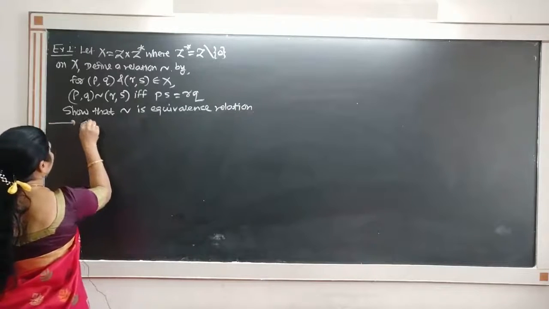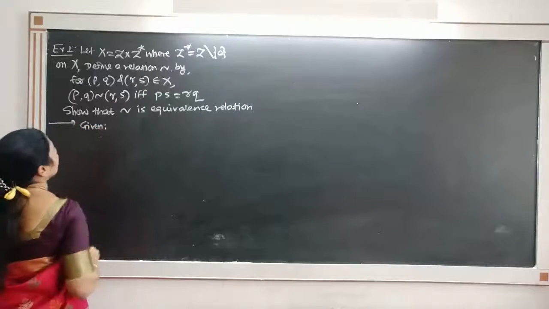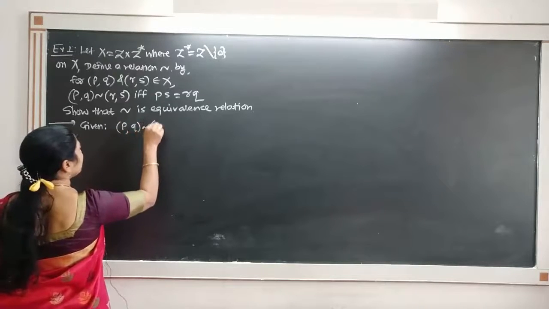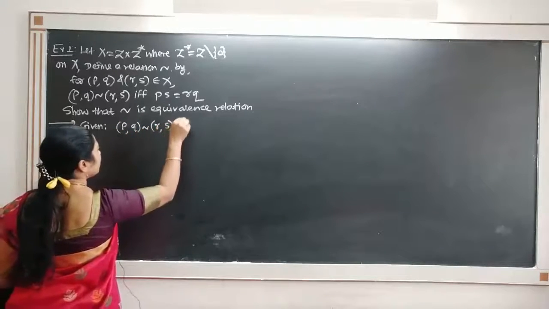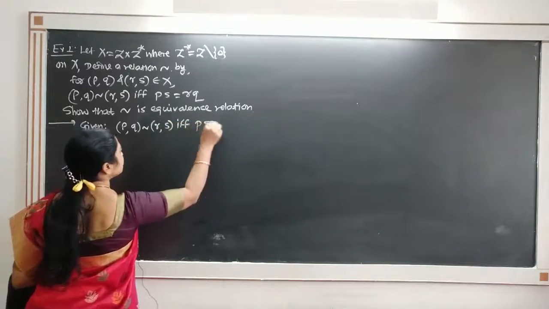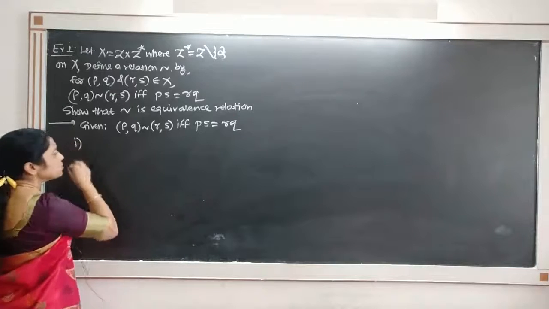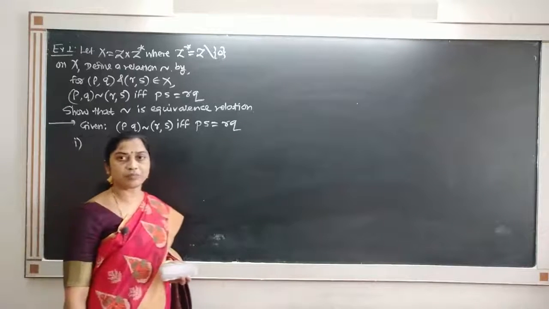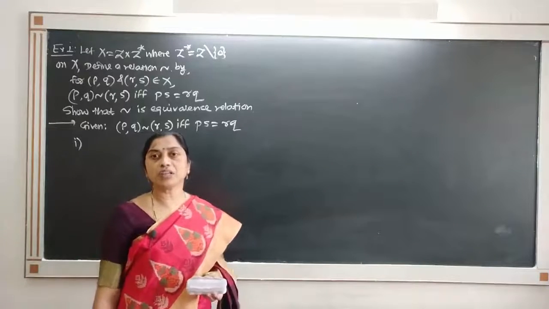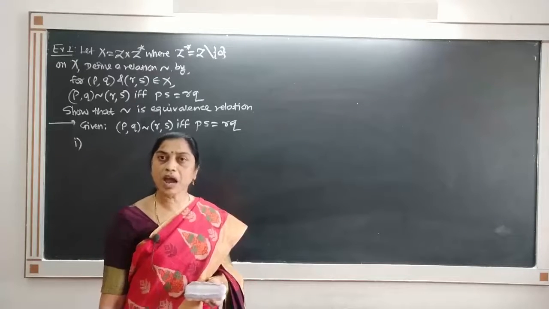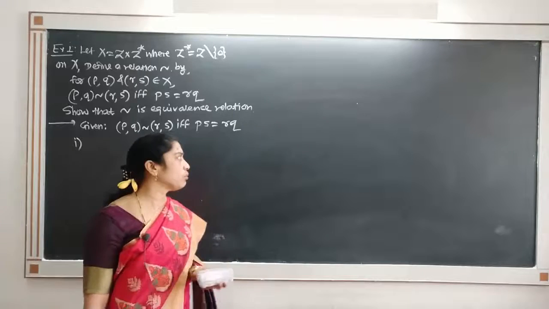So we are given that (p,q) is related to (r,s) if and only if ps is equal to rq, and we want to prove that this relation is an equivalence relation. The relation is equivalence if and only if it is reflexive, symmetric and transitive. So check one by one.